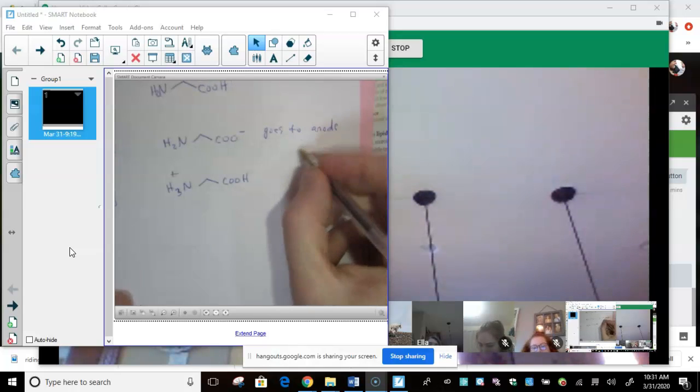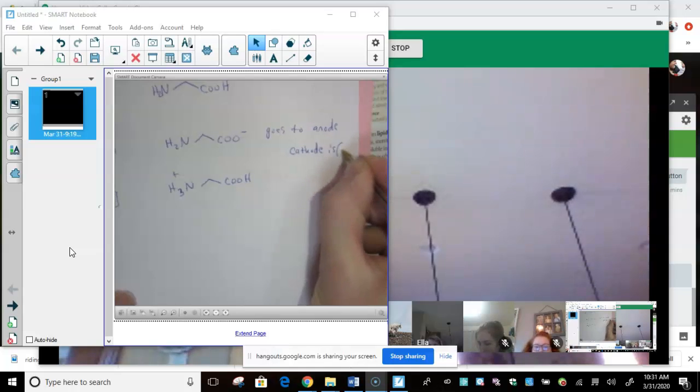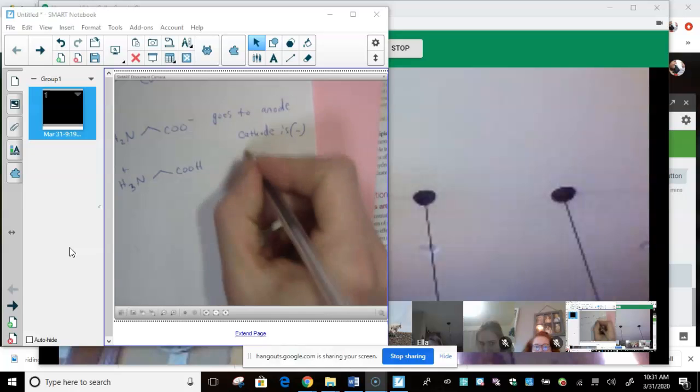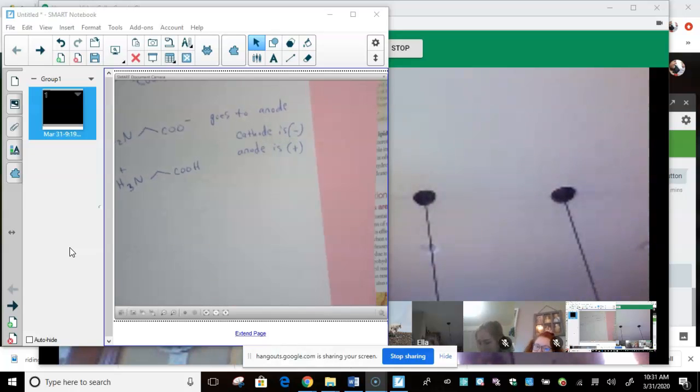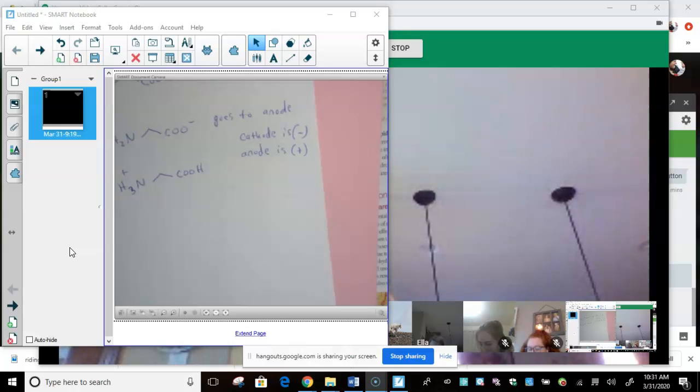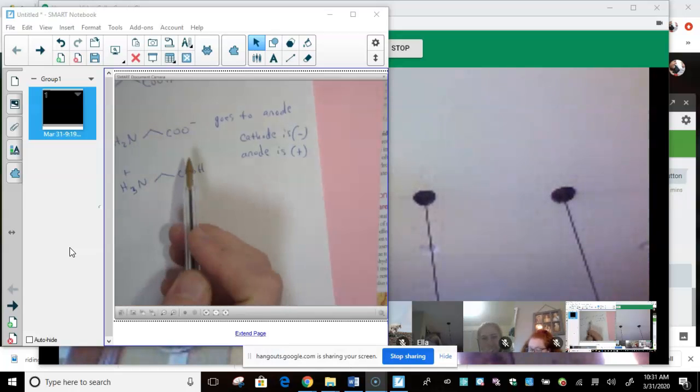So in gel electrophoresis, this is important to know, the cathode is negative and the anode is positive. So it's opposite because we're putting a current into it, reversing the natural flow. And if we didn't put a current into it, nothing would happen. So if we have a negatively charged entity, typically it would go to the cathode.